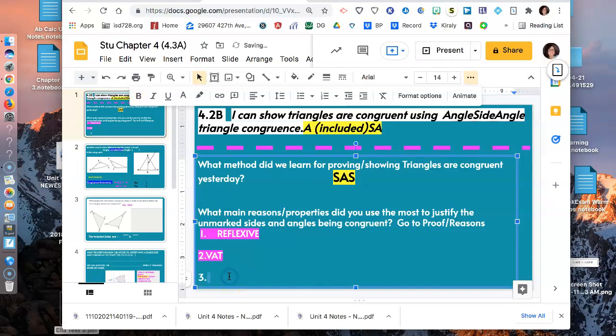Then we have a couple definitions that have been popping up. Definition of a midpoint. What does it mean to be a midpoint? You're in the middle, so you split it into two equal sides. We also had definition of bisect, which means you split into two equal pieces.